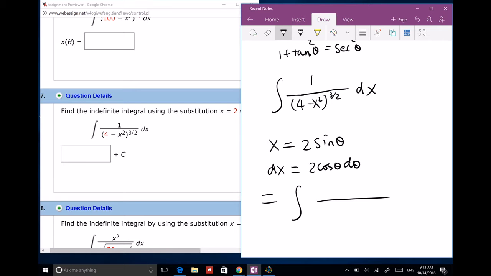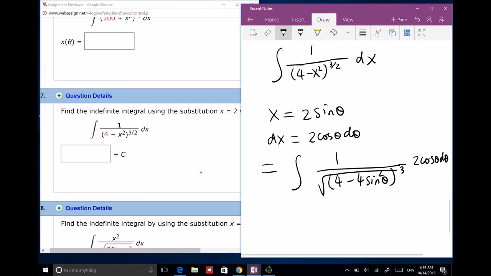So it's 1 over, and then we can plug in 4 minus 4 sine theta squared to the 3 halves, and then times 2 cosine theta d theta. Yeah, that's very good.